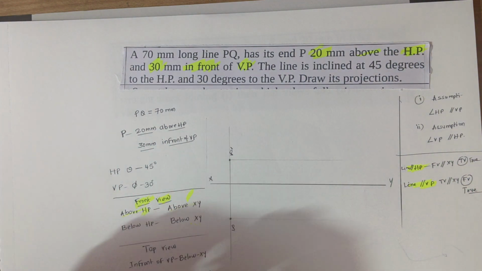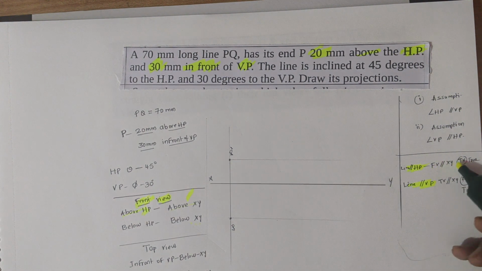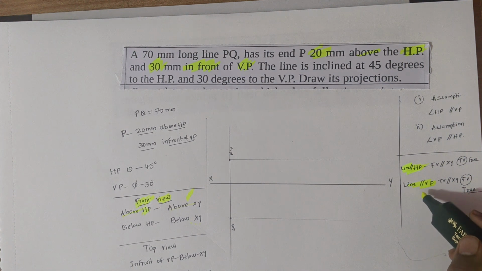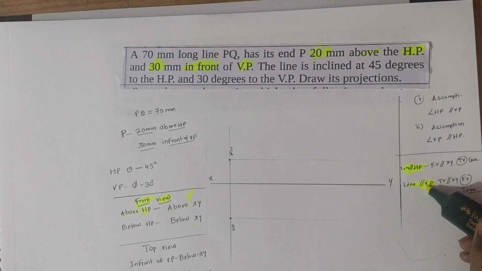Now before drawing the lines, you should also have an idea about this condition. The front views are always based on the conditions with respect to the horizontal plane, and the top views are based on the conditions with respect to the vertical plane.